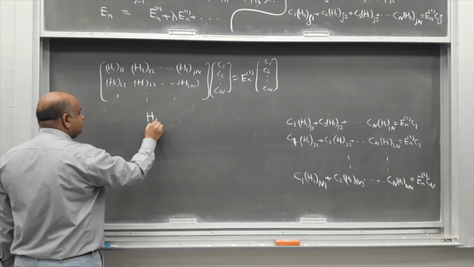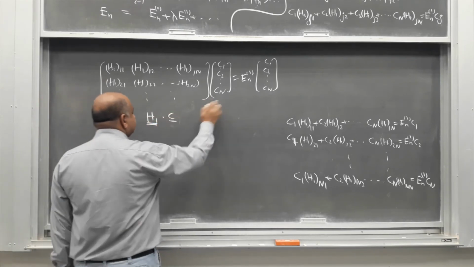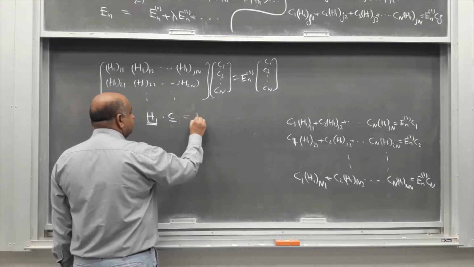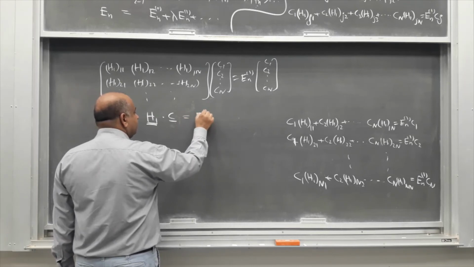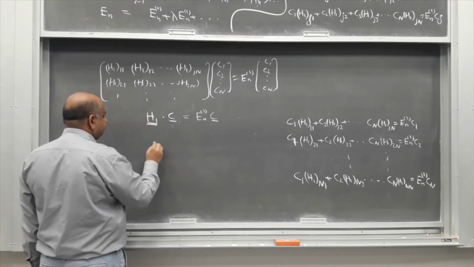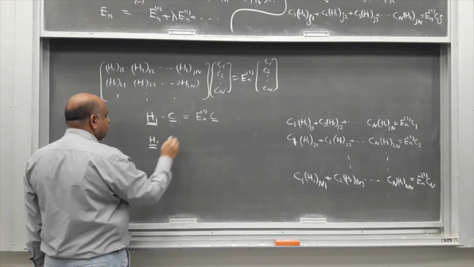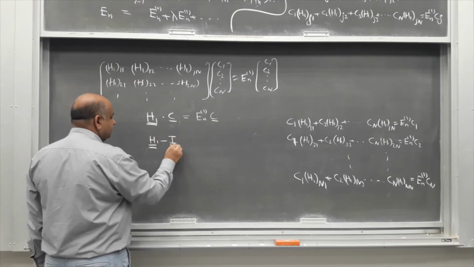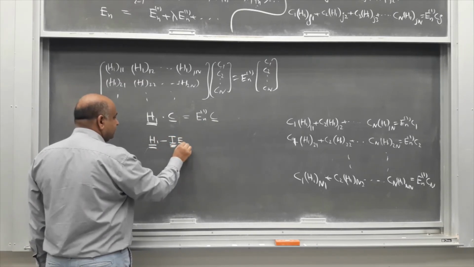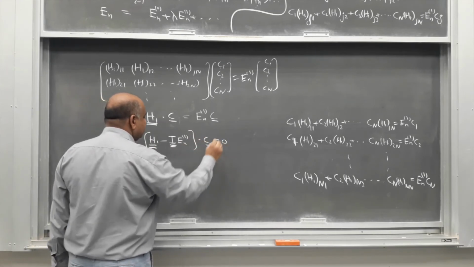Let me call it some H1 matrix. This is the C column vector, En1 C. I can bring this thing here and take C common: H1 minus identity times En1, dotted with C, is equal to 0.